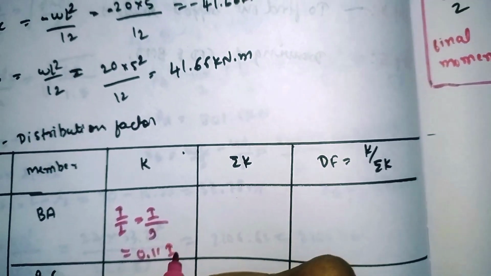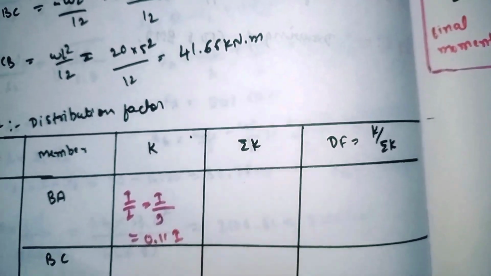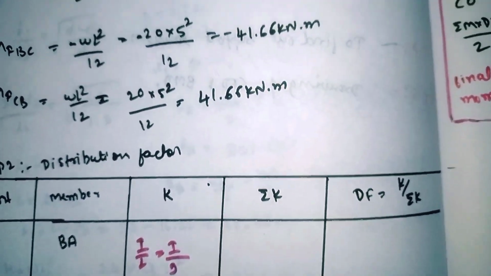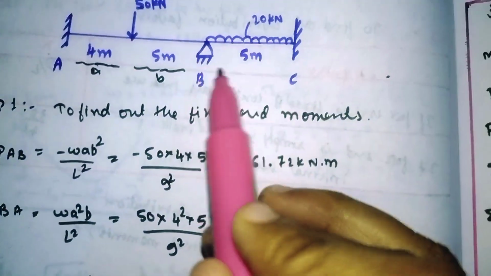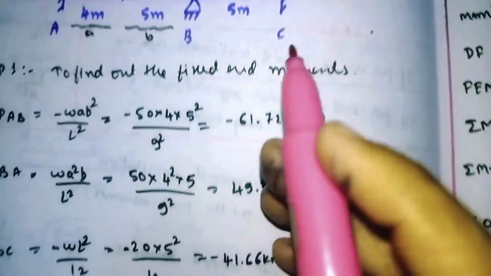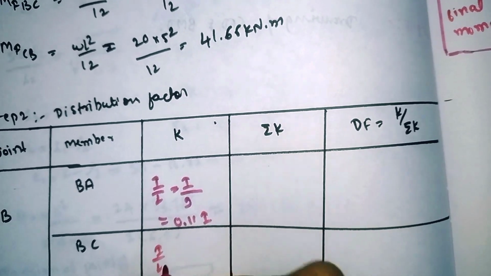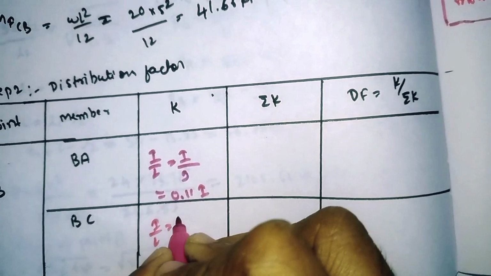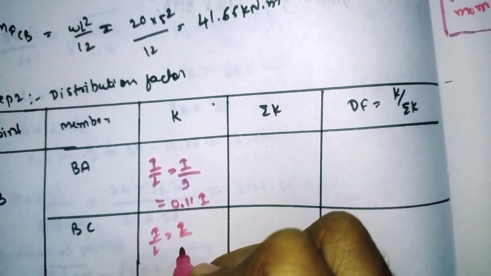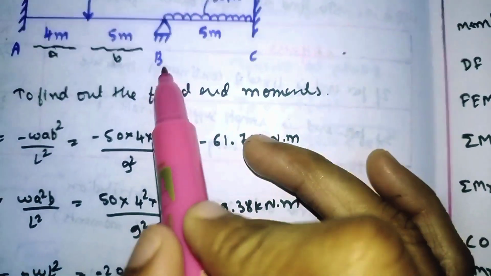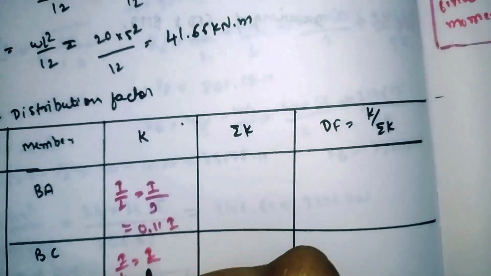So it will come out as 0.11 I. For span BC also, the far end is fixed, so again we are going to use the same formula, I divided by L. The I value is not given, so keep it as I, and our span from B to C is 5, so substitute the 5.